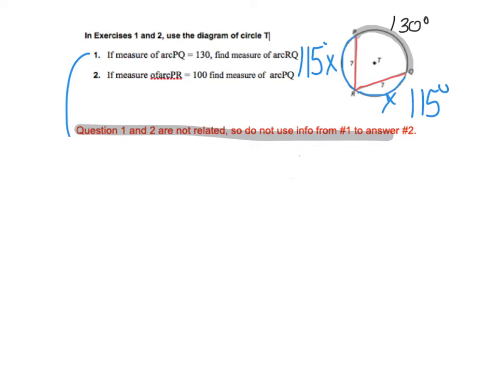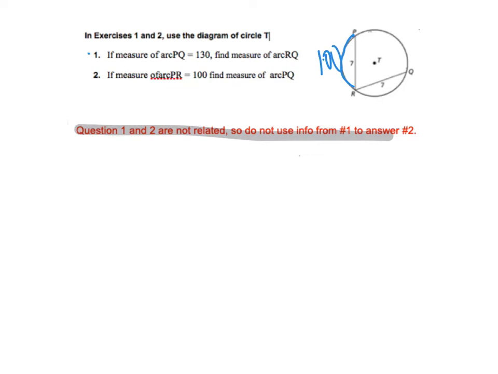It says if the measure of arc PR is equal to 100 degrees, so that arc is 100 degrees. I also know, since those segments are equal to each other, that this one is also 100 degrees. And it wants me to find arc PQ, which would be that part.